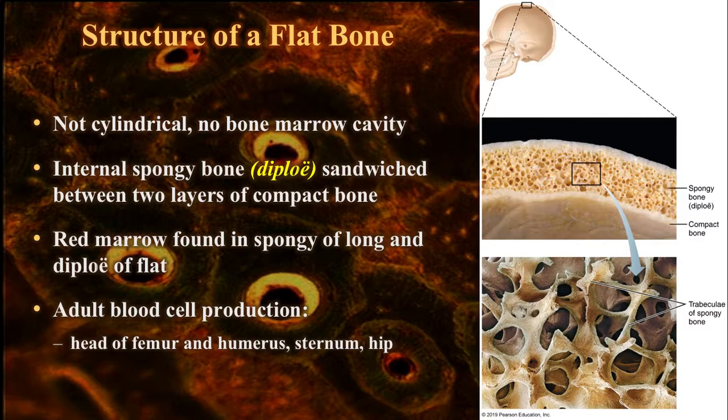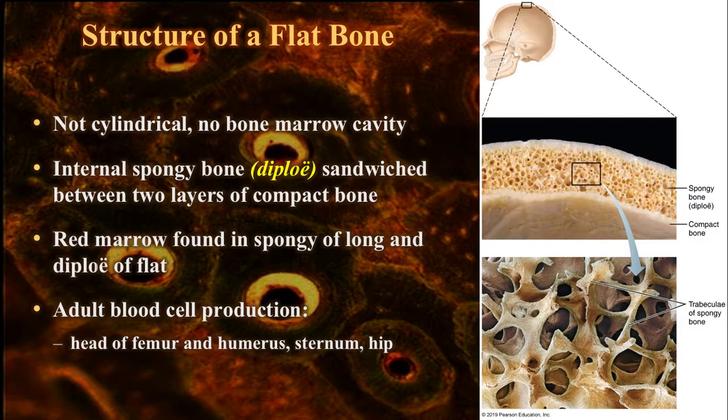Okay? Red marrow is found in the spongy bone of both long bones and the diploe of flat bones. That's where we're going to find our red marrow. The yellow marrow lives in that hollow medullary cavity of the long bones. And then in adults, the red blood cell production happens there in the red marrow, specifically in the head of the femur and the humerus, in the sternum, and in the hip.